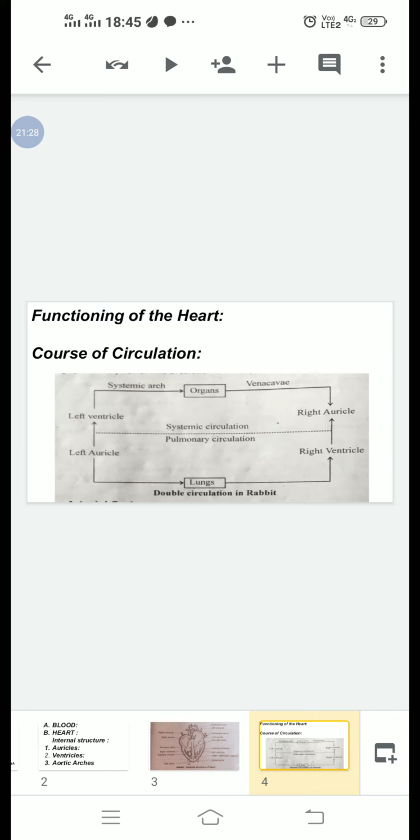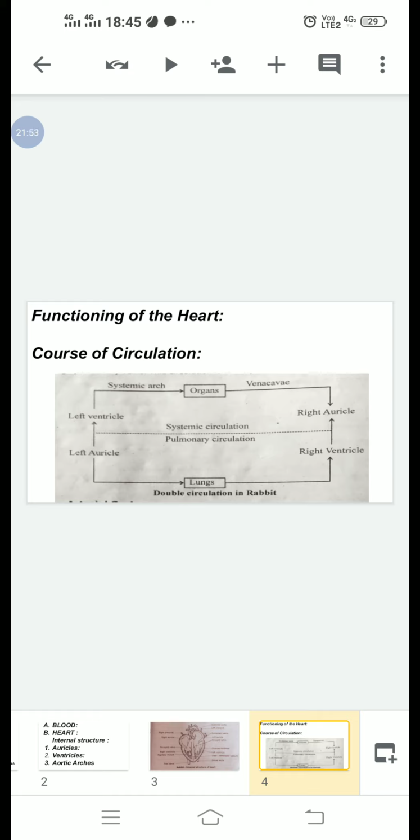The left auricle receives pure blood from the lungs through the pulmonary veins. When the auricles contract, the blood enters the ventricles of the respective sides.